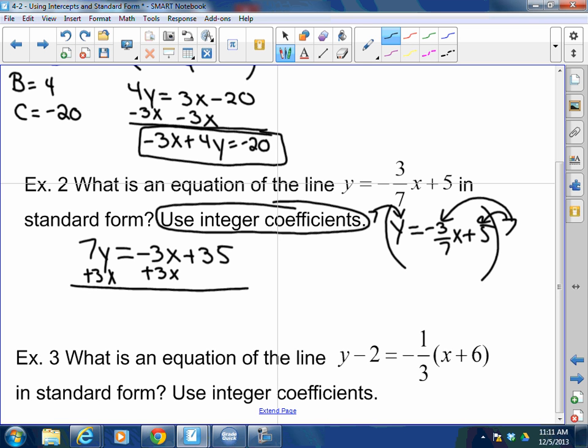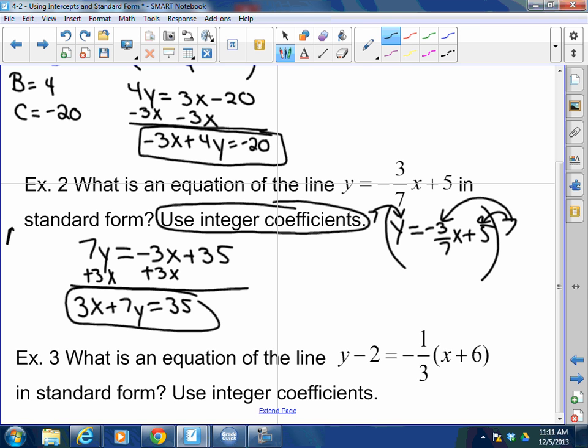You cannot add 7y and 3x. They're not like terms. So this is 3x plus 7y. I got you there, man. Equals 35. That's standard form. X plus y is simply x plus y, my friends. You cannot add unlike terms. Okay?